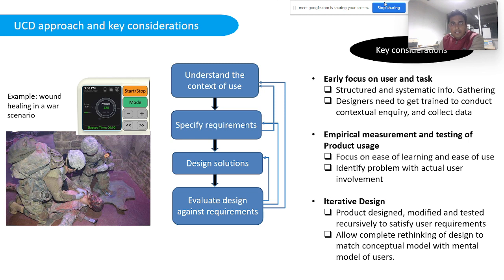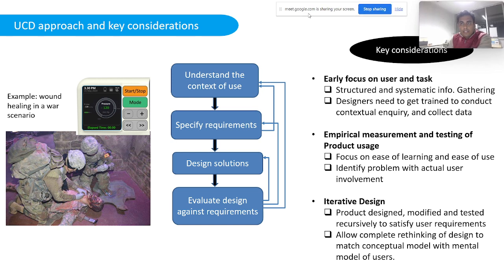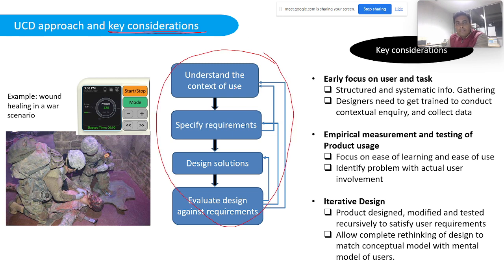So we discussed so far the focus of user-centric design, and also the various design approaches other than user-centric design. Now we need to understand the UCD approach and its key considerations. Here is a simple description of how a user-centric process looks.